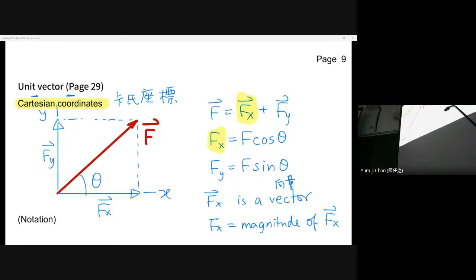So with this arrow and without this arrow, there is a difference. If there is an arrow on x here, it means this is a vector. It has a magnitude and it has a direction. For the one below, it means the magnitude of Fx, which is actually a scalar.